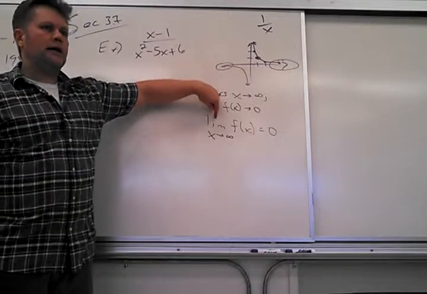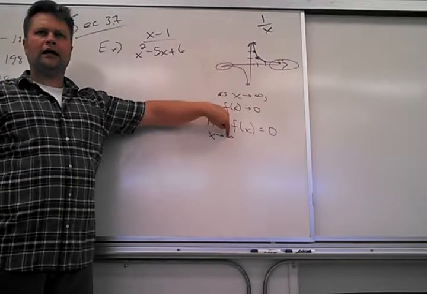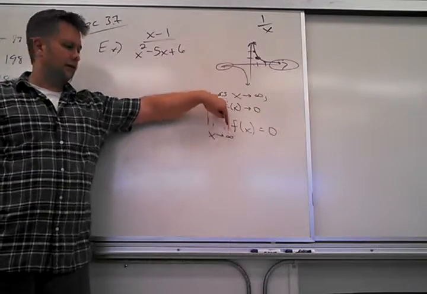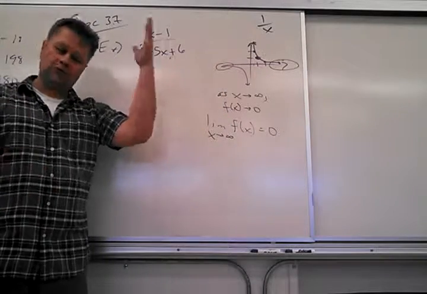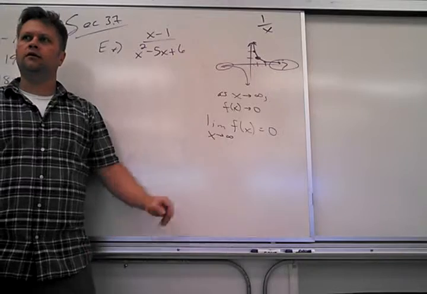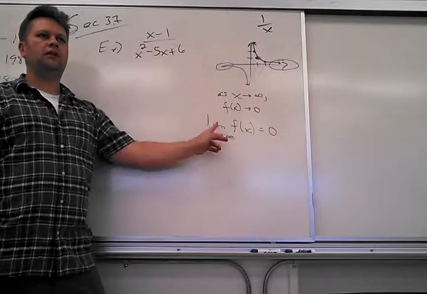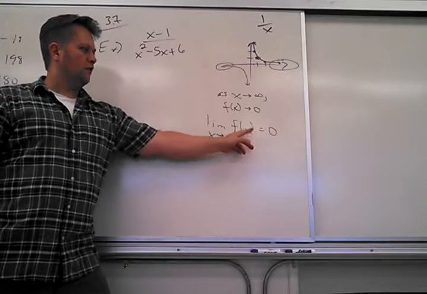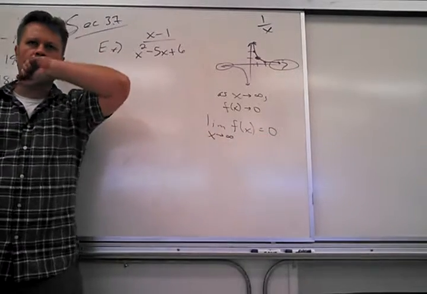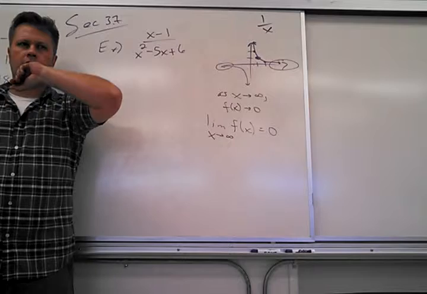So limits allow us to go places we actually can't go. The limit says, can you get to infinity? If you think you're there, take one more step. So you're not there. You cannot get to infinity, but the limit says, let's pretend like you can. If you could get to infinity, then the function would be 0. That's what that's saying.